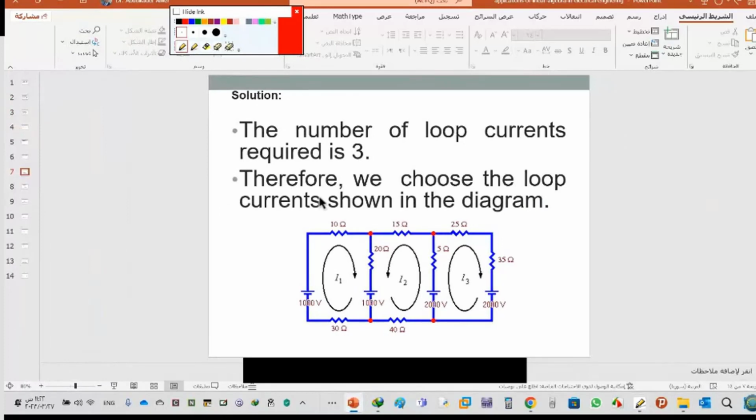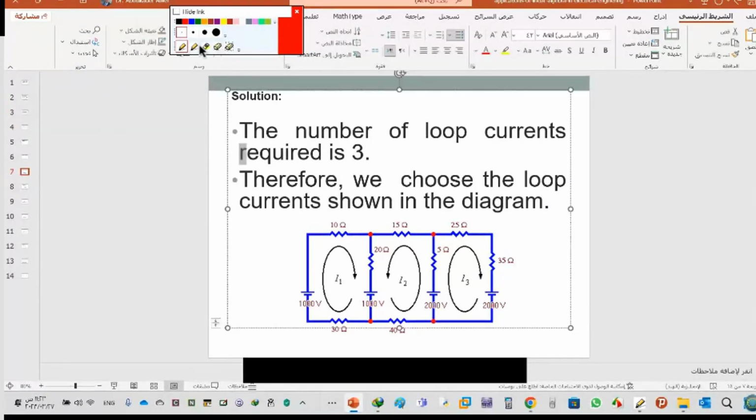Now, together, this I1, so it is 10 I1 positive. Here, current same direction, so plus 20 I1 positive, I2. Here we have positive 30 I1 equal.